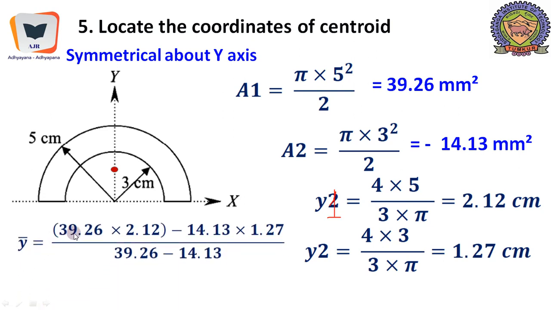So y bar is A1 into y1 minus A2 into y2 divided by A1 minus A2, and the distances are computed and placed over here in the basic formula, and we have got y bar to be 2.6 centimeters, and it will come somewhere over here. So 2.6 centimeters from the reference x-axis.